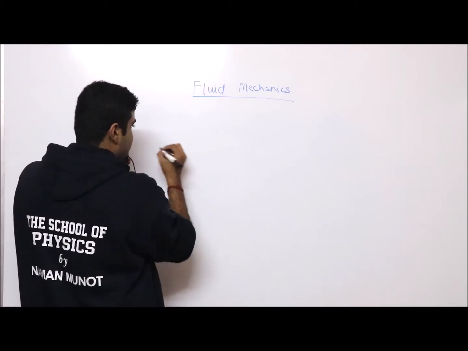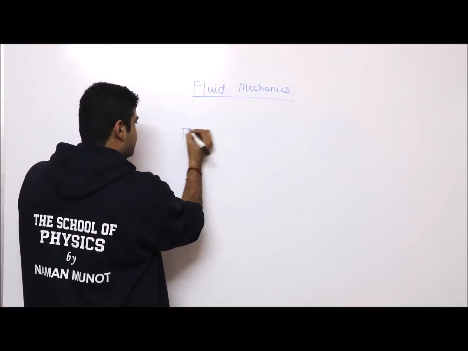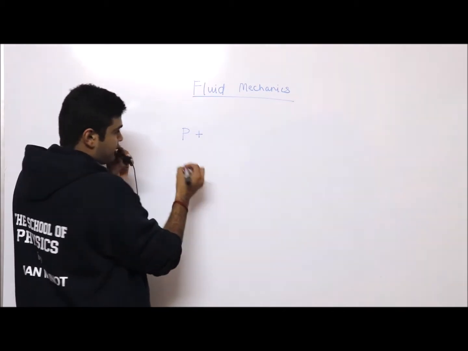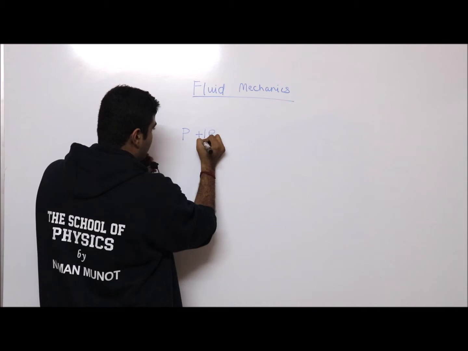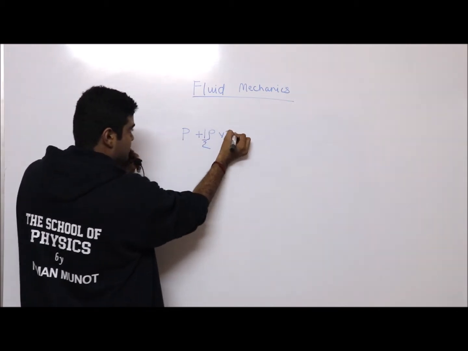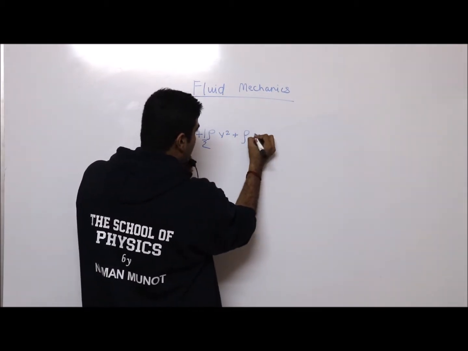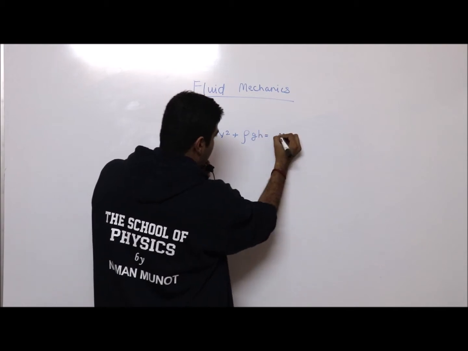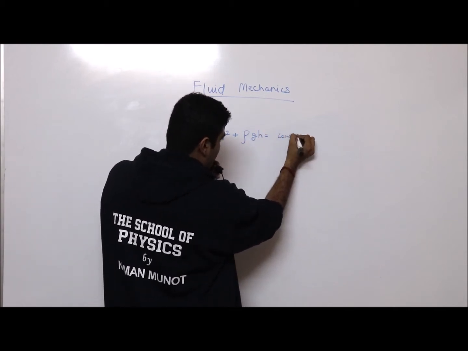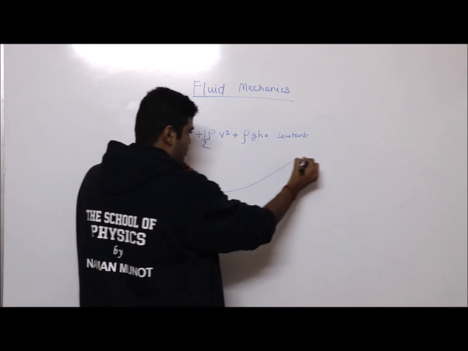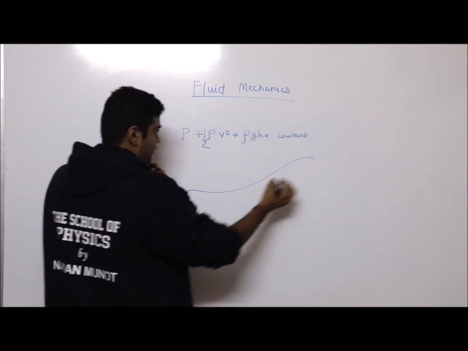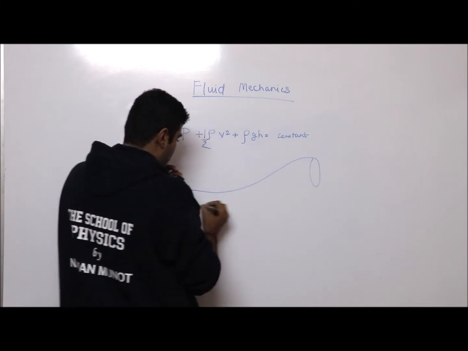So Bernoulli's equation says that pressure plus half rho v square plus rho g h is equal to constant, where rho is the density of the flowing liquid. I'll draw and show, don't worry.